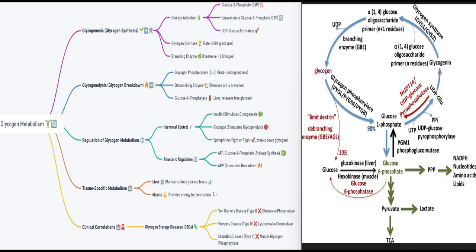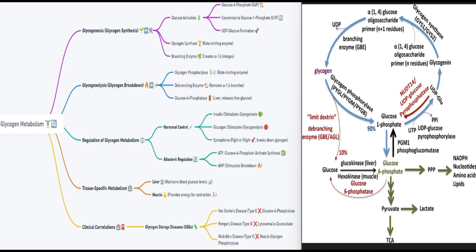So with the branching, once the original linear chain reaches at least 11 1,4 residues, a branching enzyme known as the glucosyl 4,6 transferase, also known as amylo 1,4,1,6 transglucosidase, transfers between 5 and 8 residues from the non-reducing end of the chain to a 6 hydroxyl group on the internal glycosyl residue.